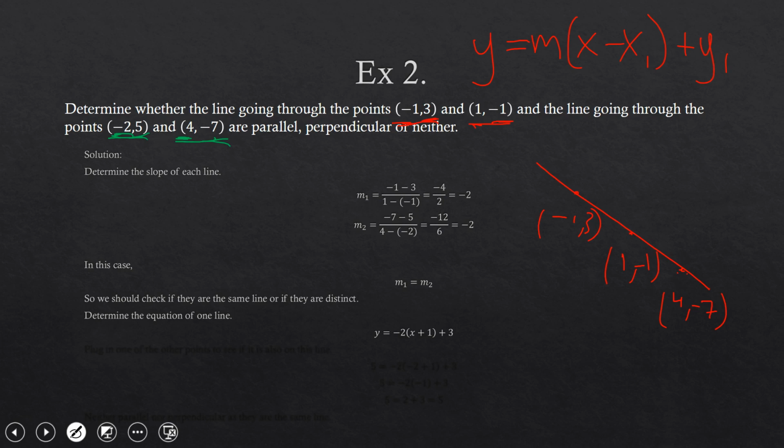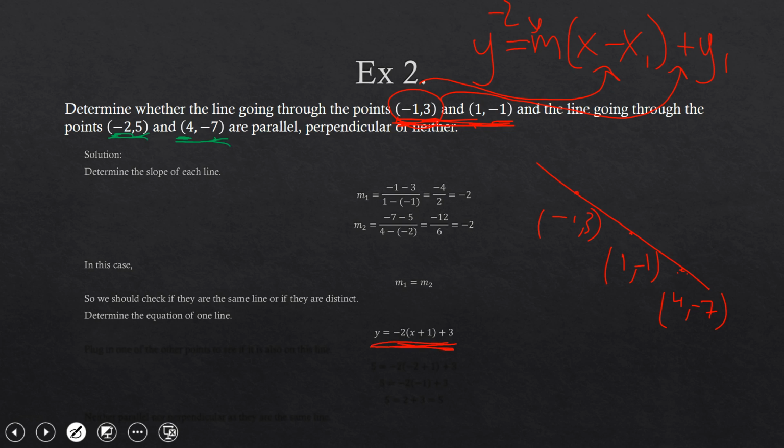So for the red line, if we choose this point, -1, 3, then we're going to plug -1 in here and 3 in here, and -2 is our slope, so that goes in there. So that's going to give us y equals -2 times x minus -1, so x plus 1, and then plus 3. So there's our equation for the red line.